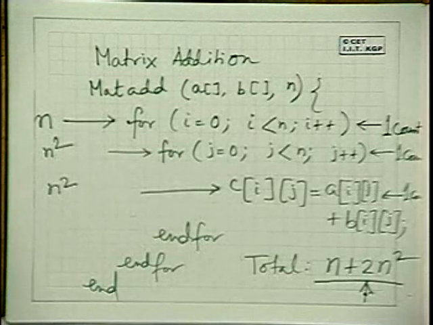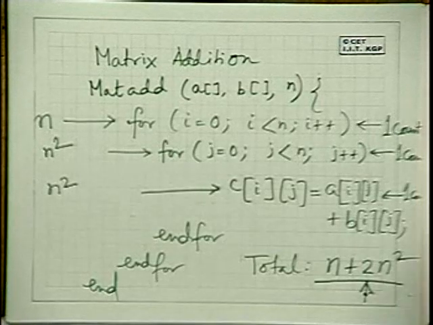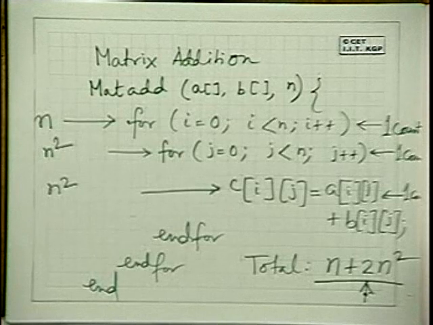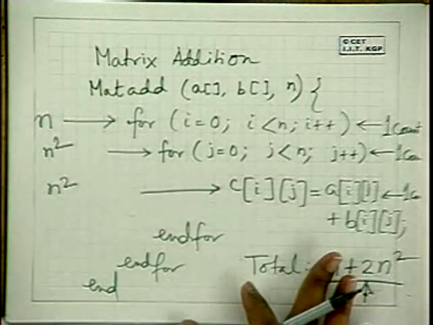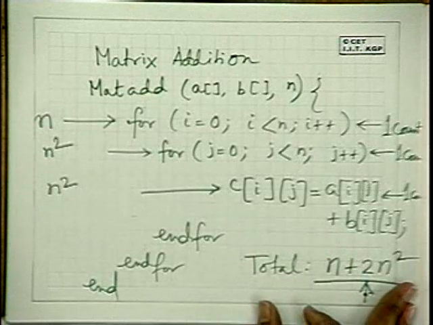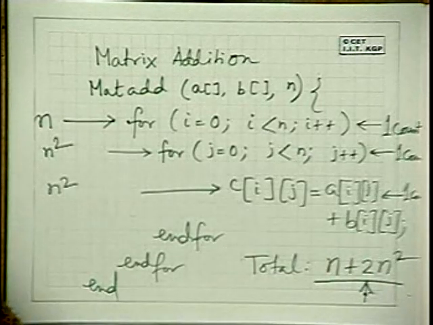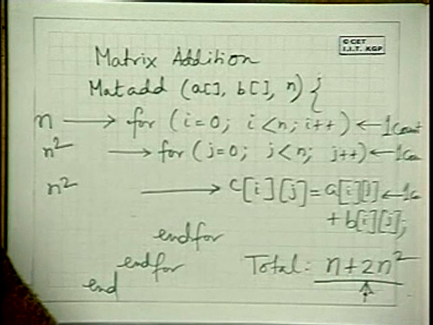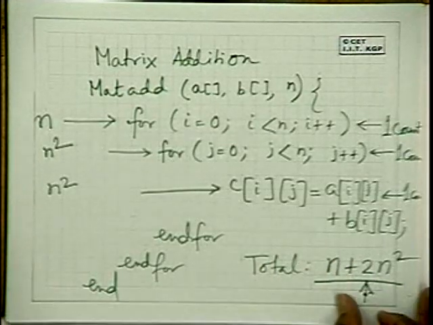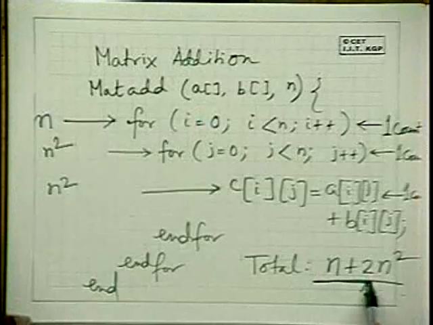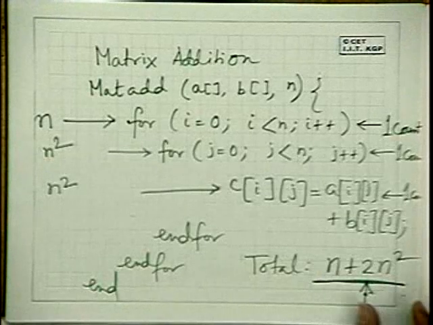Whether it is n cubed or n squared, this is what is important. And this is also independent of the machine and of particular constants. So this is the motivation for introducing the asymptotic notations. Why was big O notation introduced? To compare algorithms where the constants are unimportant.